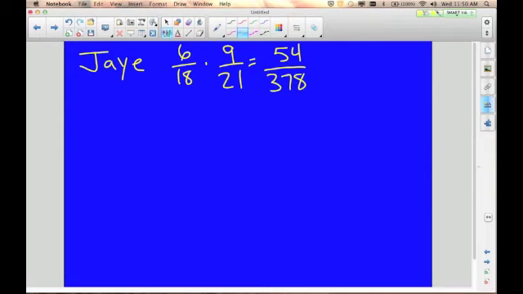He sees that he can divide 54 and 378 by 18, and when he does that, he gets 3 over 21. So he's not quite showing it the same as Rodney was, but it's the same idea. Then he sees he can divide both of those by 3, so he crosses them off and puts what that would be. That's his final answer, so he says it equals 1/7.